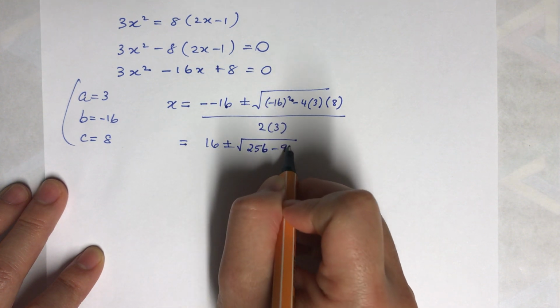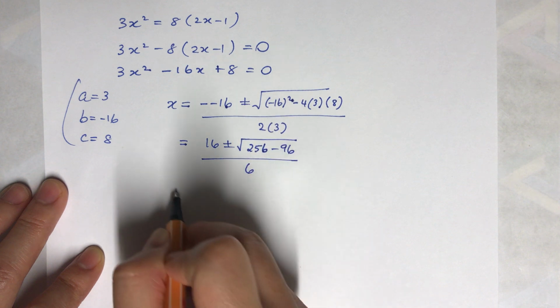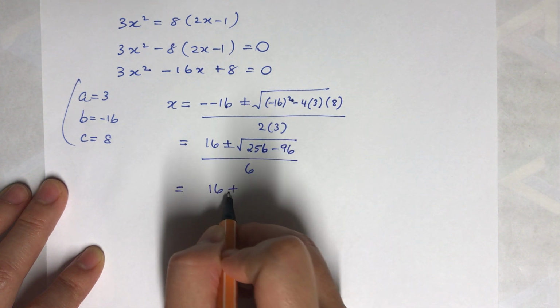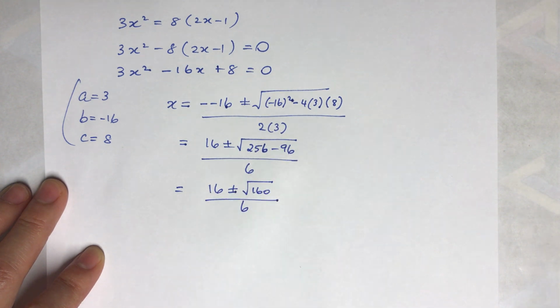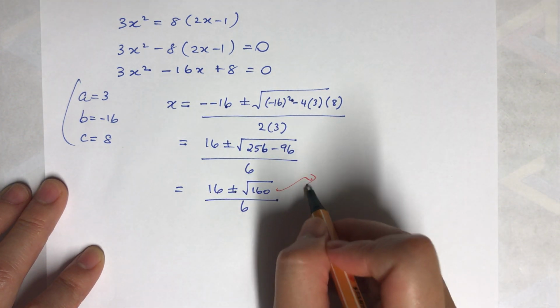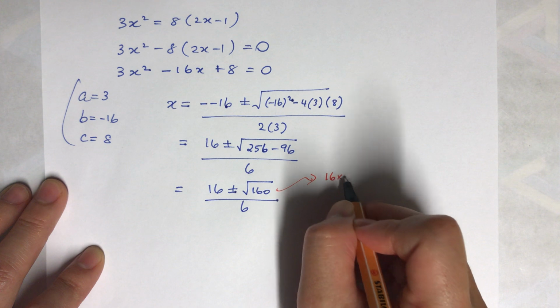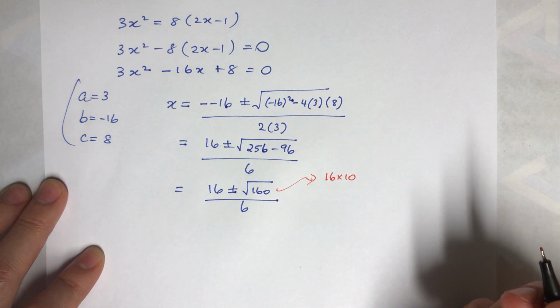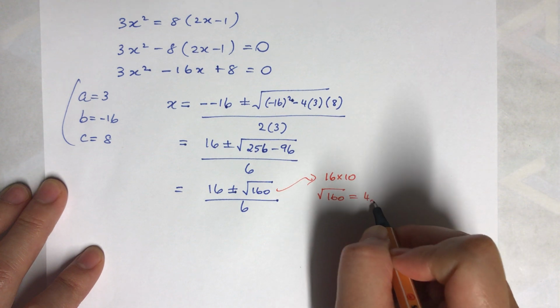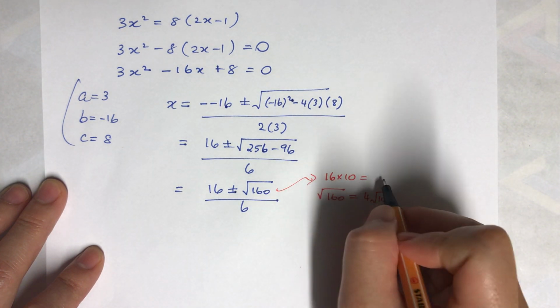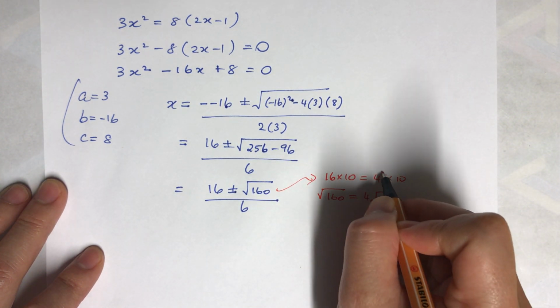256, 96, 160, 6. Now with this, I can see already 16 times 10, because this 16 is a square number. So 160, I can say 4 root 10, because that's 4 squared times 10.